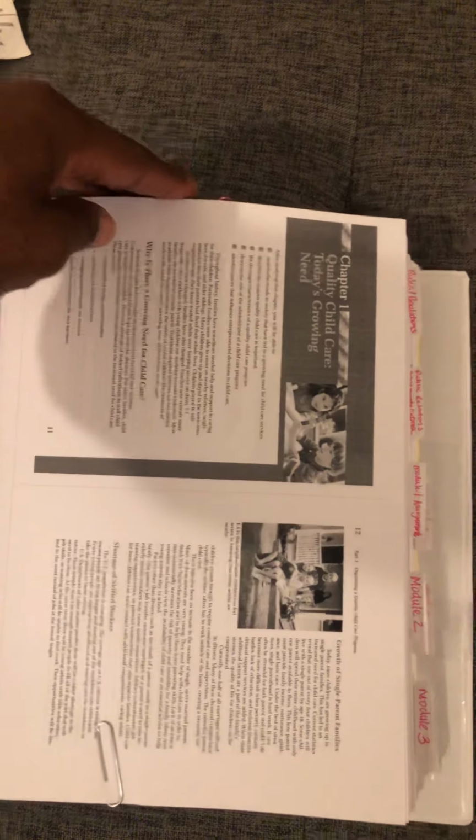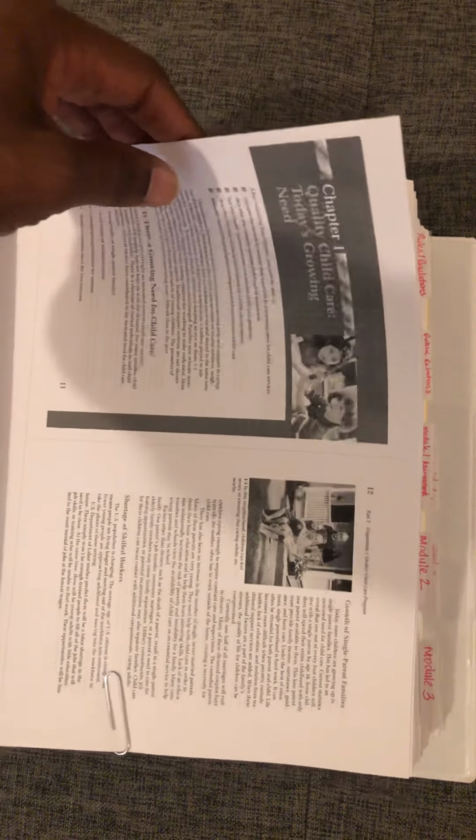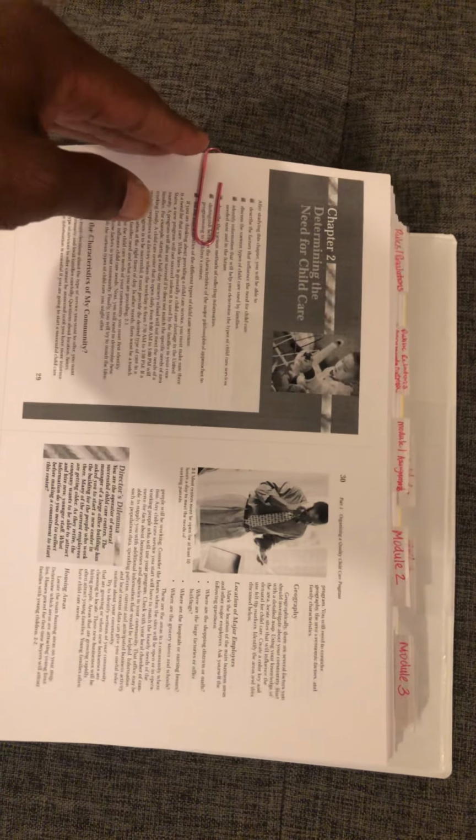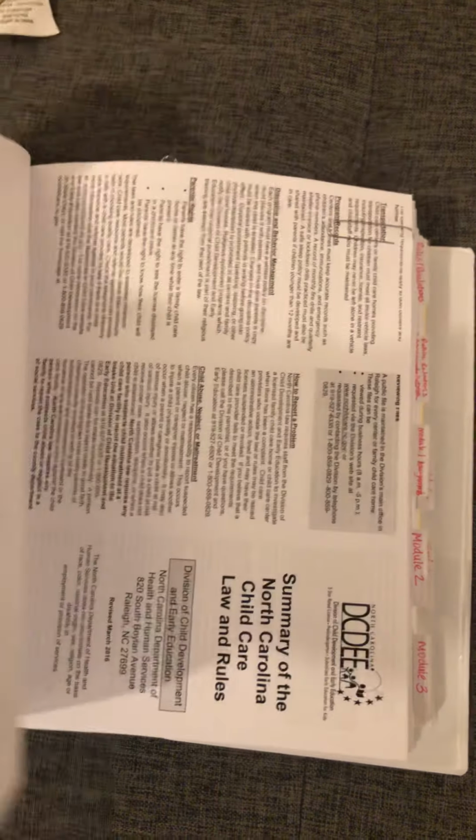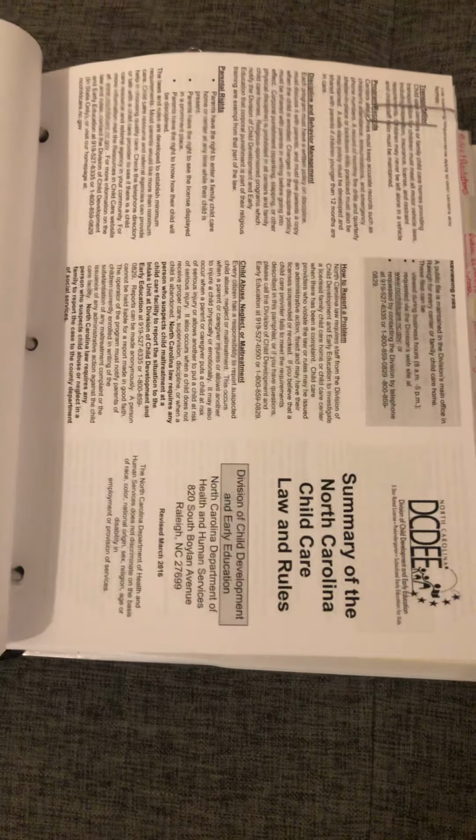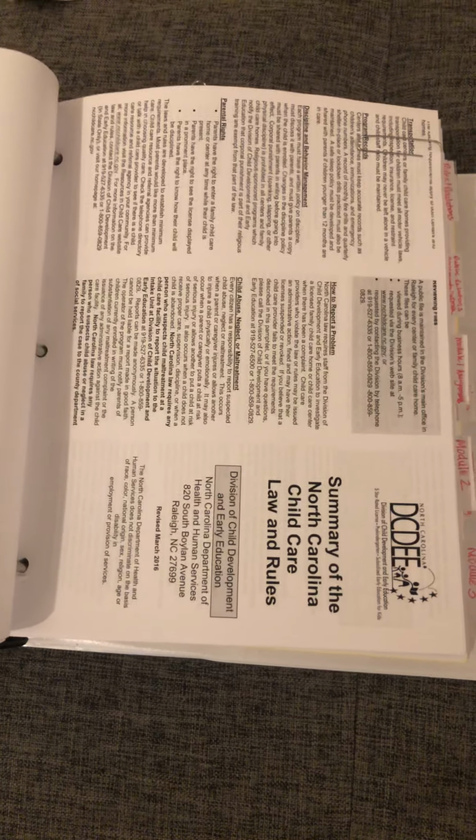Then we're going to move forward to module 1, which here is the module 1, and this is the module handout of the book. Then here are some more handouts. Here's another handout, which is the Summary of North Carolina Child Care Laws and Rules.